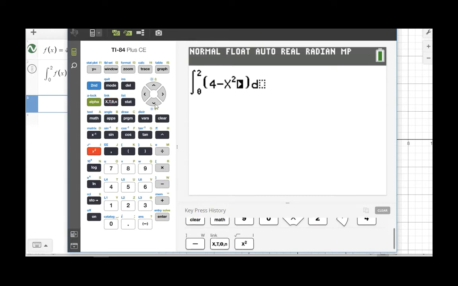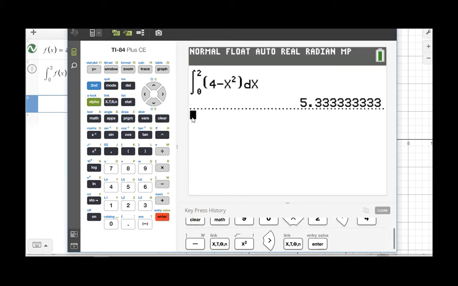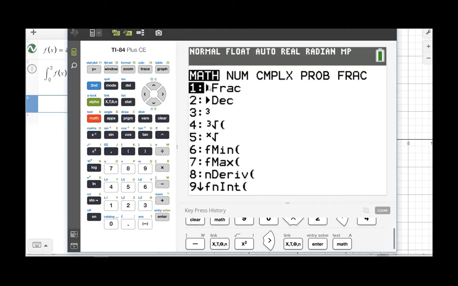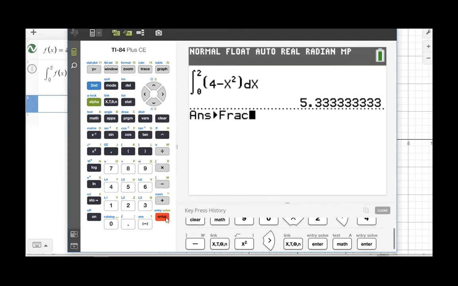And then I have to tell the calculator that the independent variable is x, so I hit my x key. And I want to hit enter. It's going to give me 5.33333, which we got the last time. The kind of cool thing about a TI is I can hit math, and then I can choose the first option, fraction, and it usually can give me the fractional form of that answer.